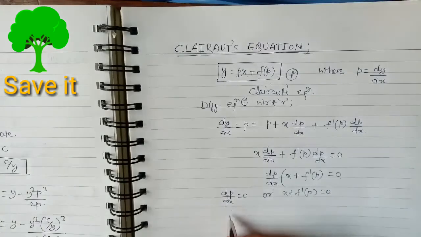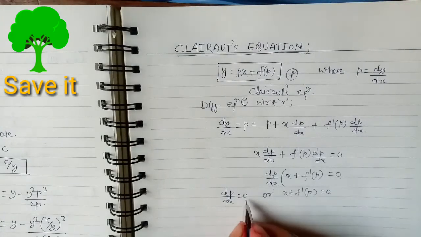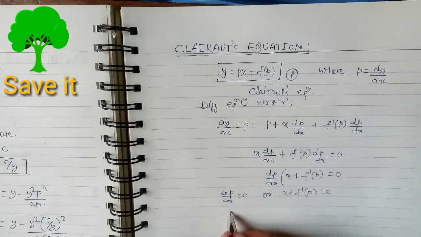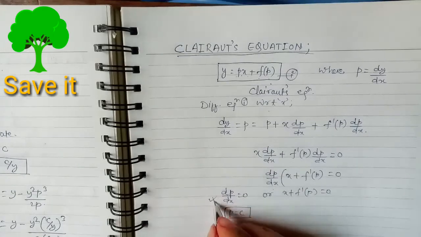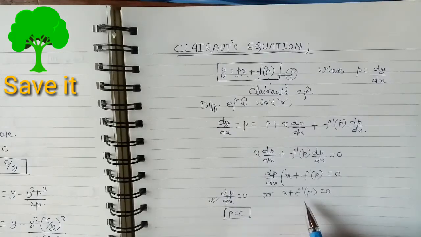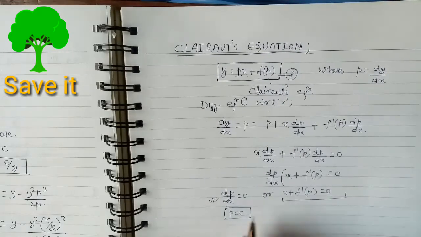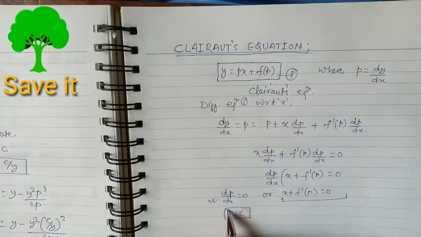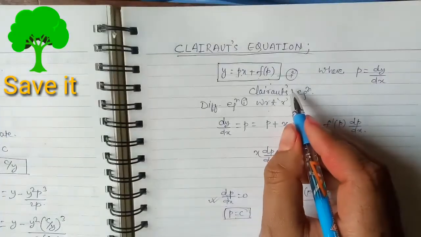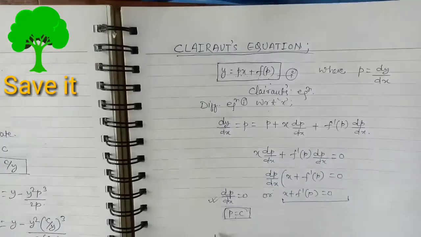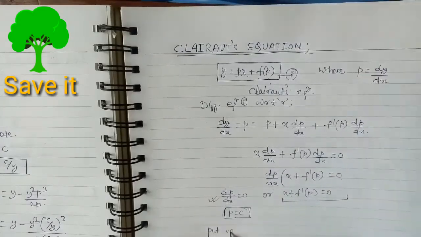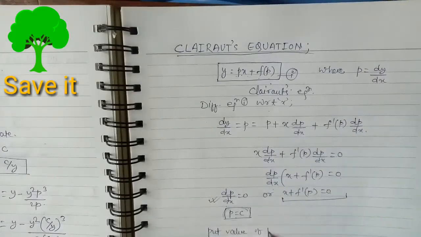We will integrate the first relation on both sides, then we get p is equal to c, and from this relation we will put this value of p in equation 1.